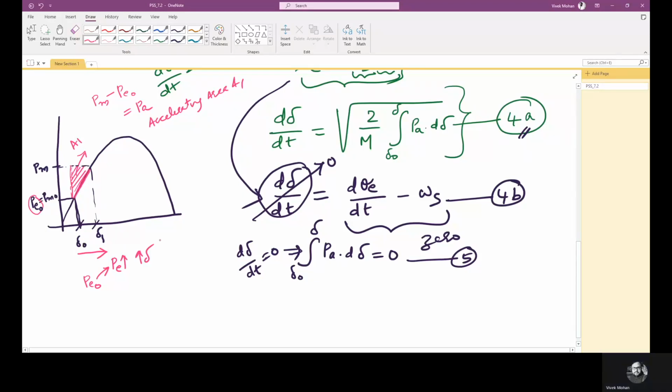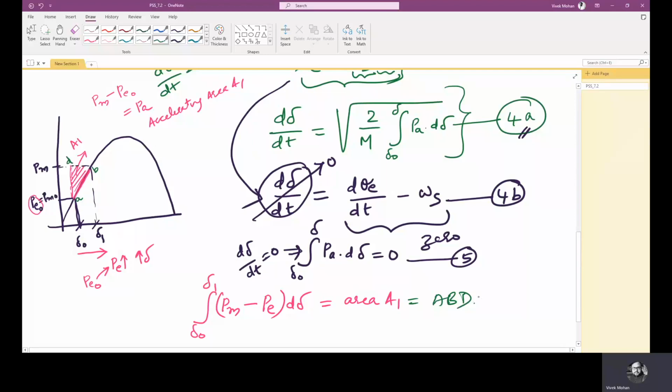Now if we take the integral from δ0 to δ1, corresponding to the accelerating area, and integrate the accelerating power, we get the area A1. Let me represent it as a, b, d, so let it be the area abd.